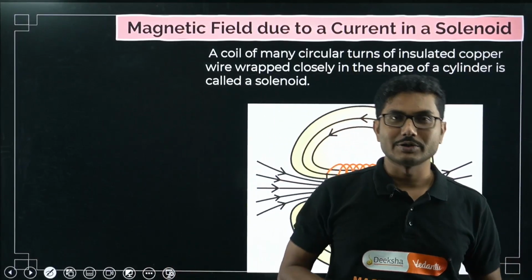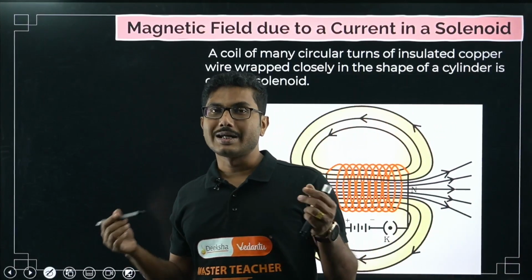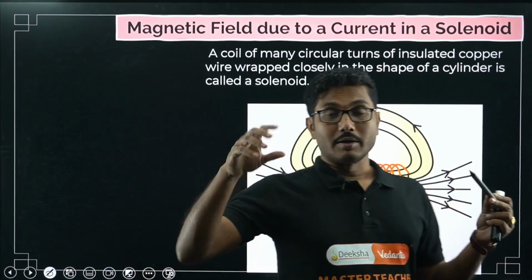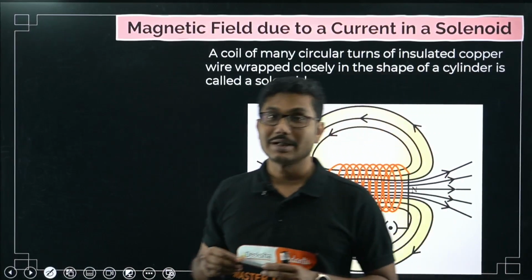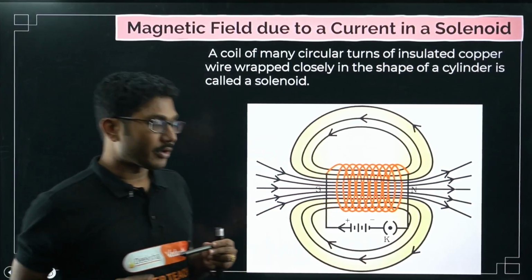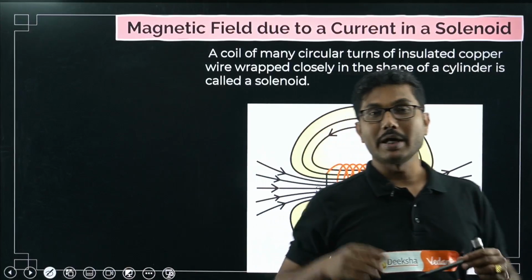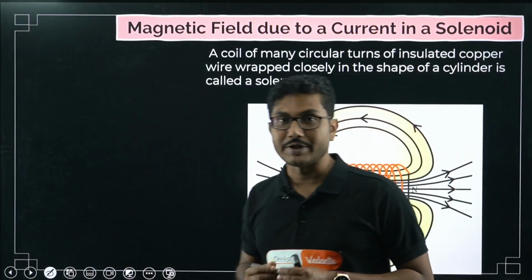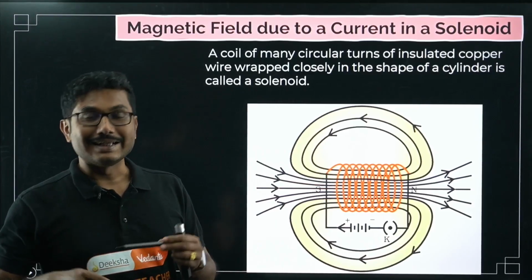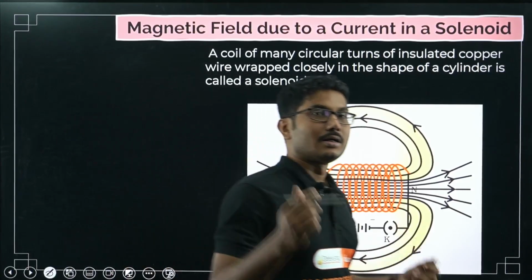If you ask your mother, there may be an empty kitchen roll casing that can be used as a solenoid. If you wrap insulated copper wire, remember that, not any other copper wire, insulated copper wire, which is a very important thing, around that cylindrical casing, then you will get a solenoid.